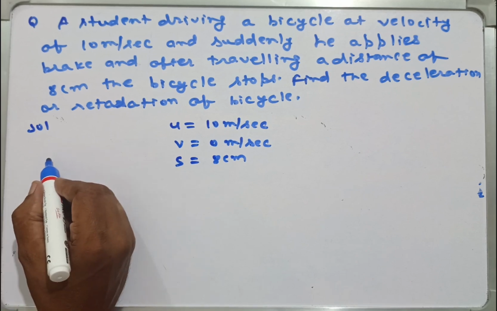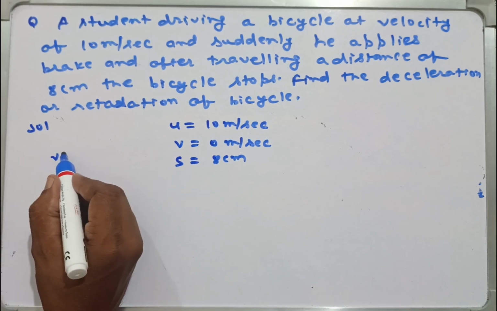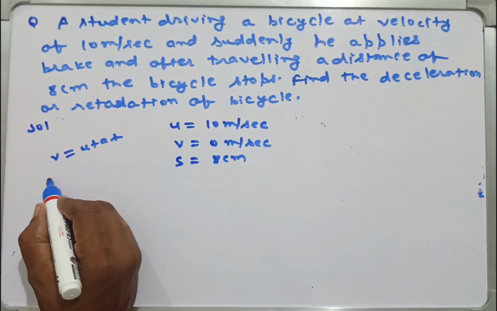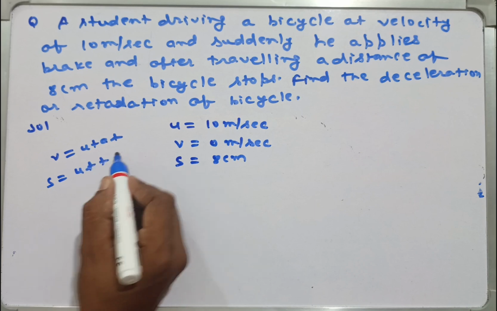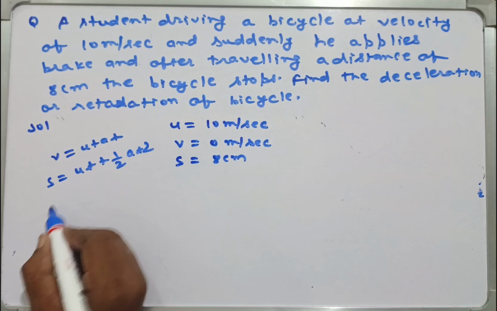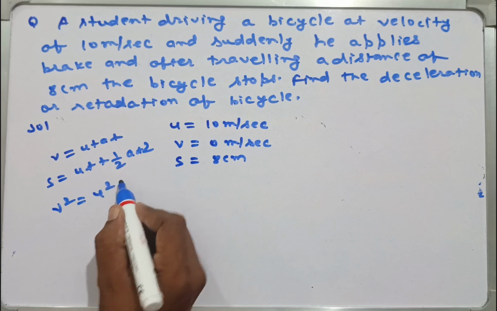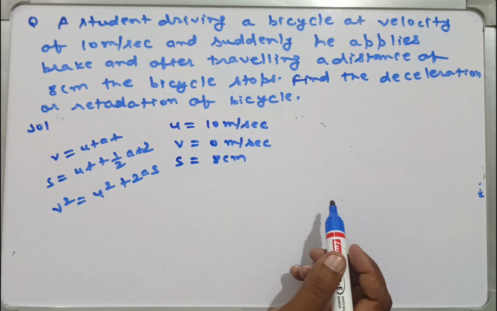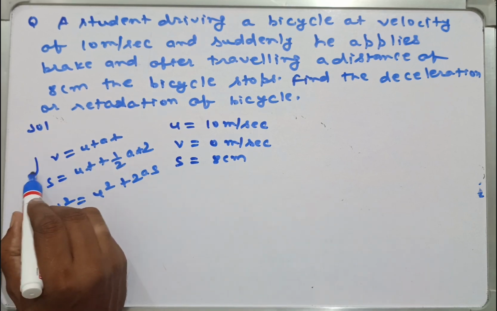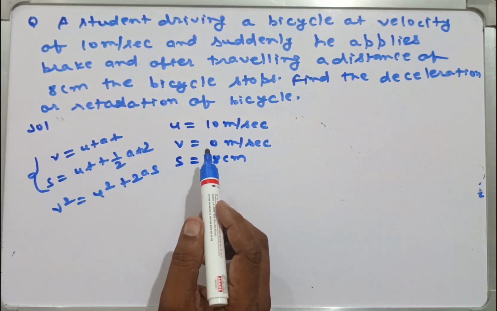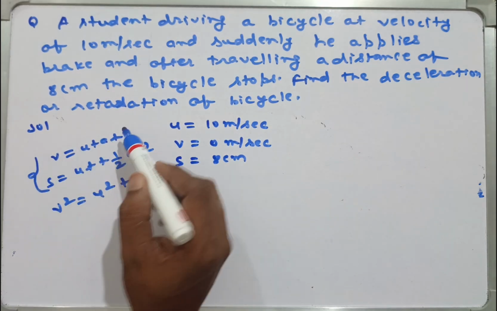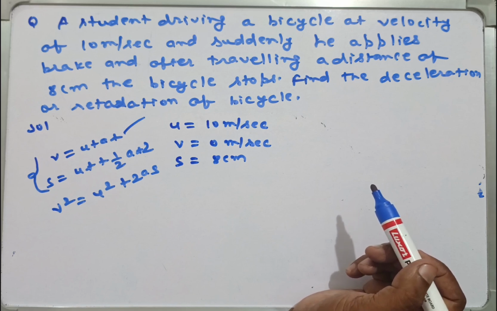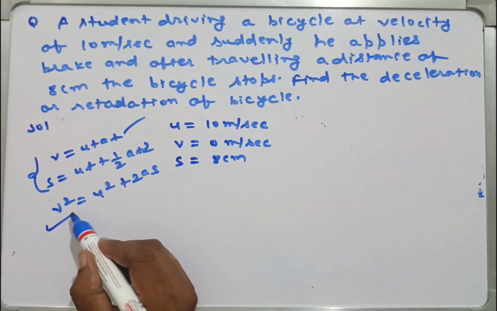So guys, we read three equations of motion. Which equation you will use for solving such type of problem? We will ignore these two formulas. Why? Because they depend upon time, and in our question time is not given. Okay, so we will use this one.